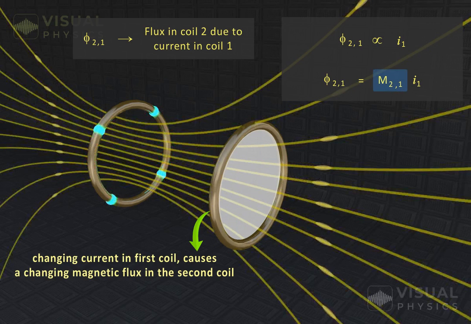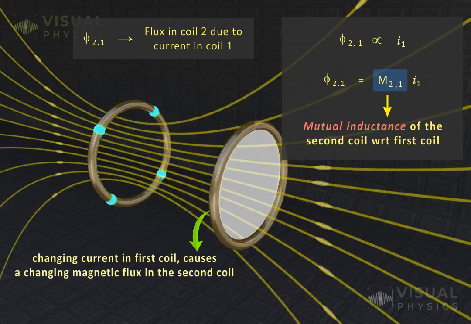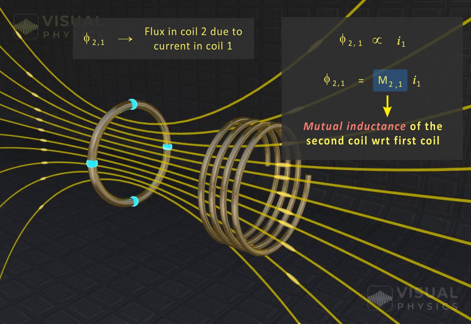And the constant of proportionality is called the mutual inductance of the second coil with respect to the first coil. If the coil has n number of turns, like a solenoid, we can write the flux linked with the second coil in terms of the mutual inductance of the second coil with respect to first coil into the current in first coil.